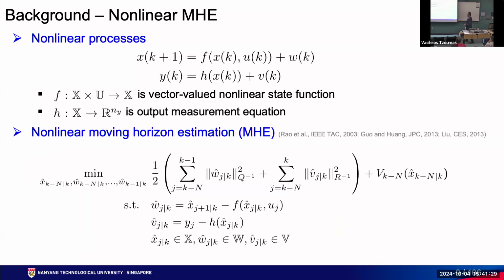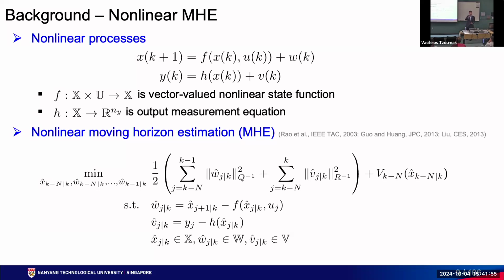And similar to MPC, the model is used as a constraint. In addition to that, we are able to impose constraints on the estimates of the disturbances and estimates of the system states. This is quite useful because in the process control industry, for example, we understand the pressure stays between 10 bar and 20 bar. We know the temperature of this room must stay between 18 degrees Celsius and 30.